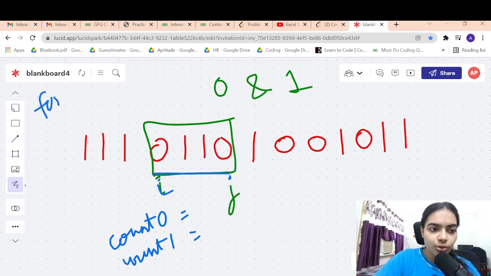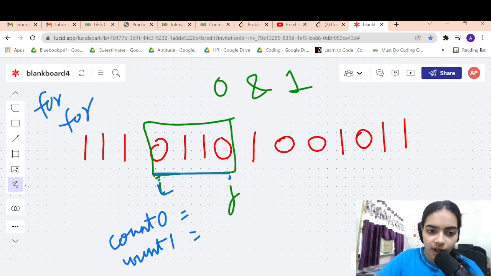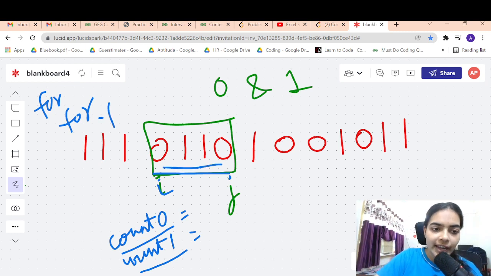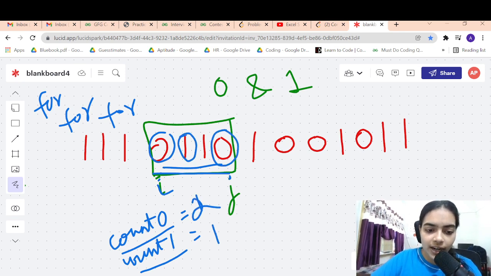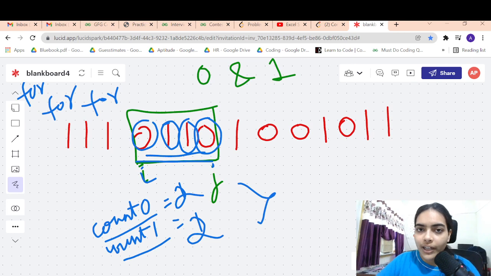First I took two for loops for listing down a subarray. If I am thinking in the brute force approach still, I will keep a count 0, I will keep a count 1, and inside the subarray again I will start a for loop, and whenever I see a 0 I will add to the count, whenever I see a 1 I will add to its count, and I will check if these two counts are equal or not.